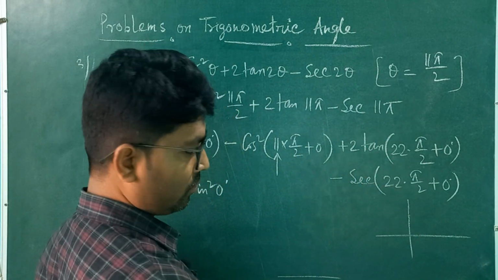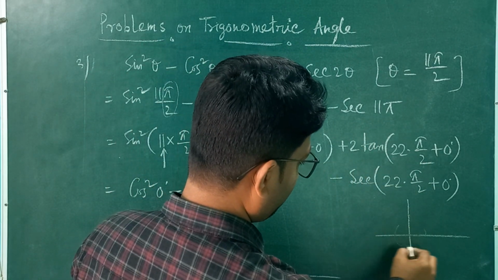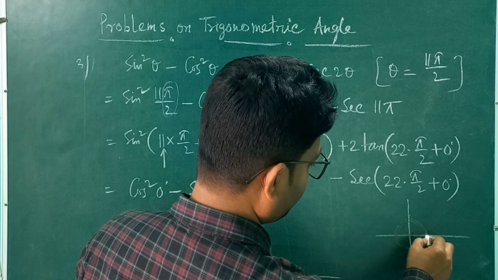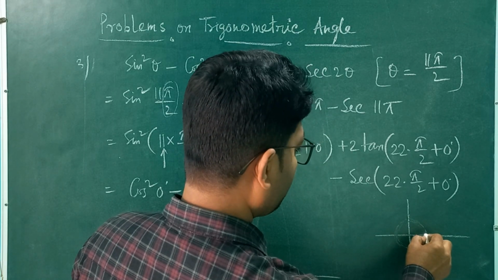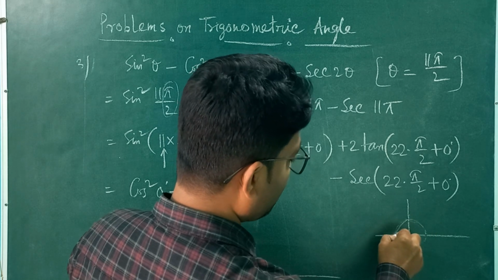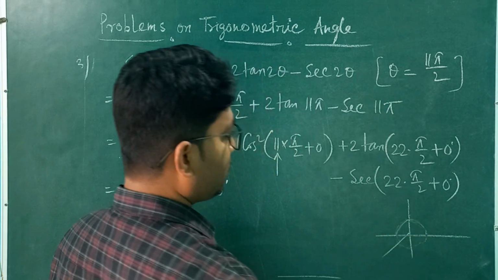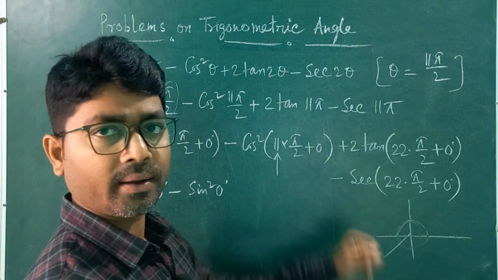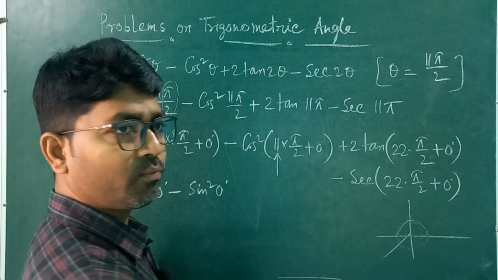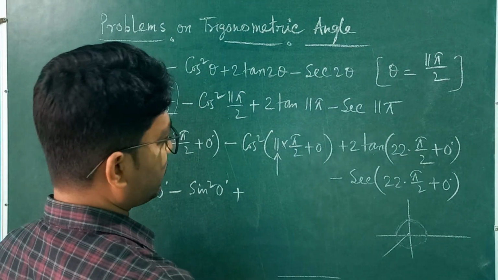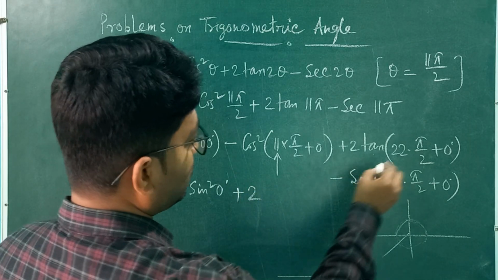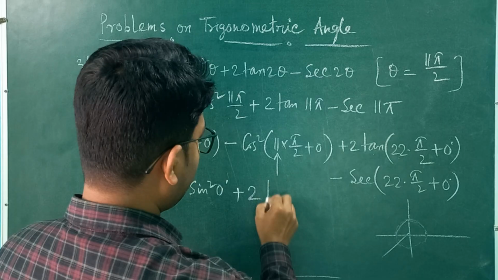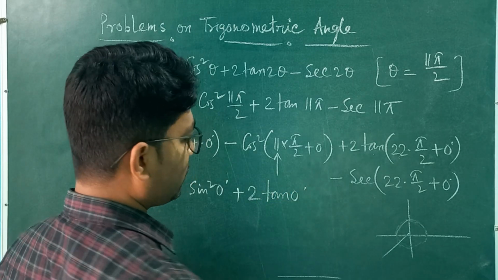22 pi by 2, you see 4, 8, 12, 16, 20, 22, so 22 plus 0 means the third quadrant. The third quadrant is the quadrant of tan, so the sign is positive, plus sign. As this 22 is an even multiple of pi by 2, this one is tan 0 degree.